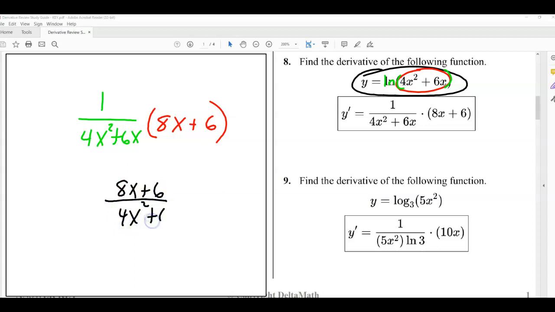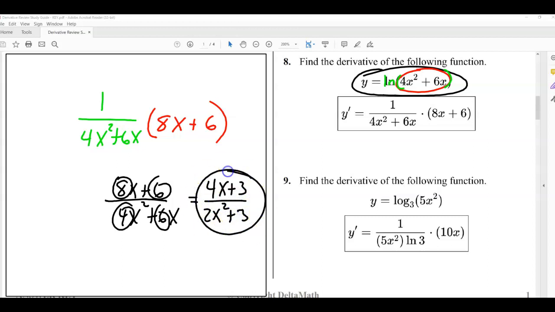You could even reduce this thing a little bit. I see that all of these numbers here can be reduced by 2. But you don't have to do that, I guess, because as I'm looking, they're okay with leaving it just like that. So you can do the same.